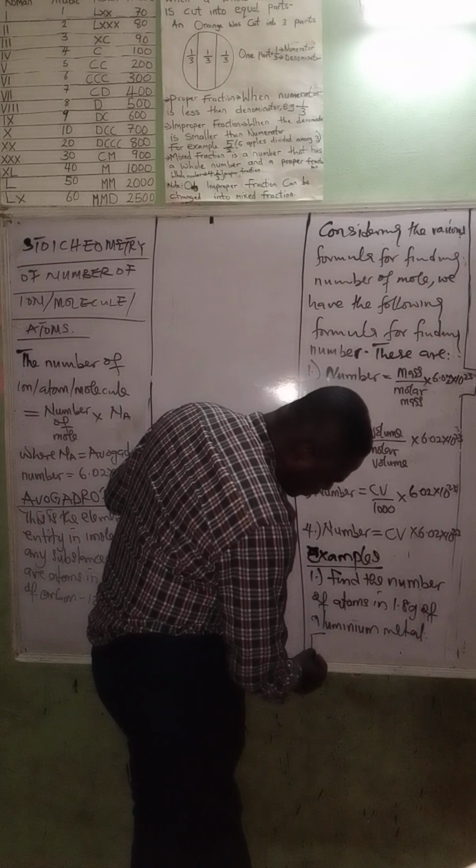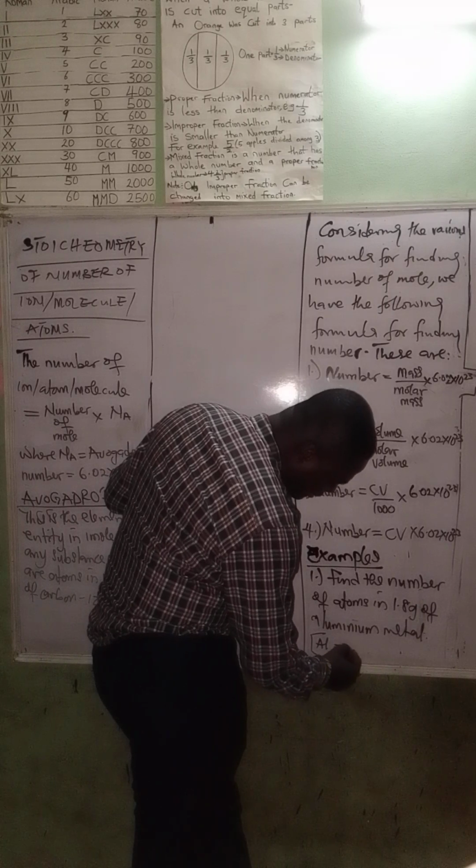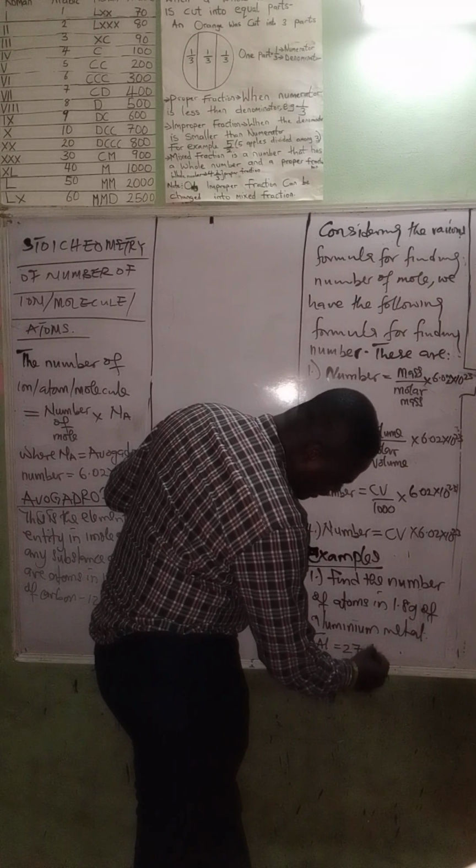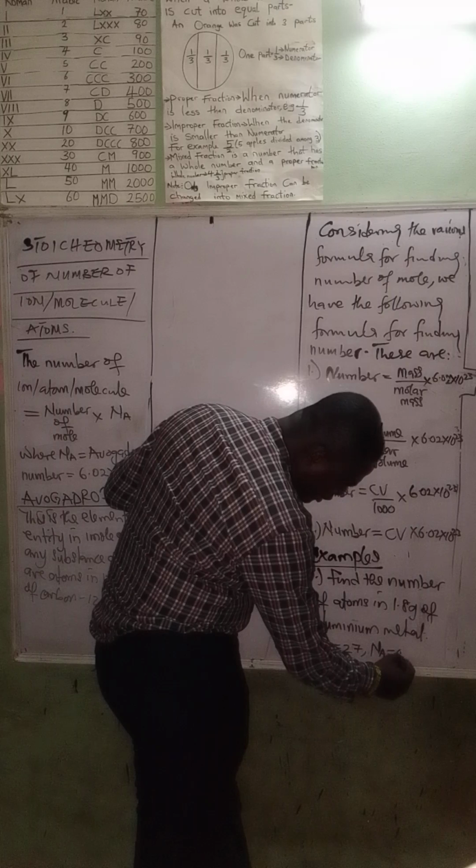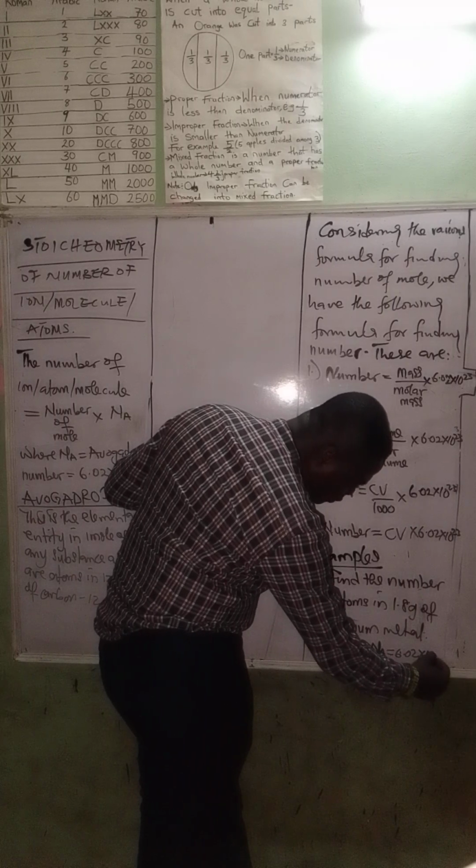Then they will give us two things: Al is 27, and Na is 6.02 times 10 to the power 23.